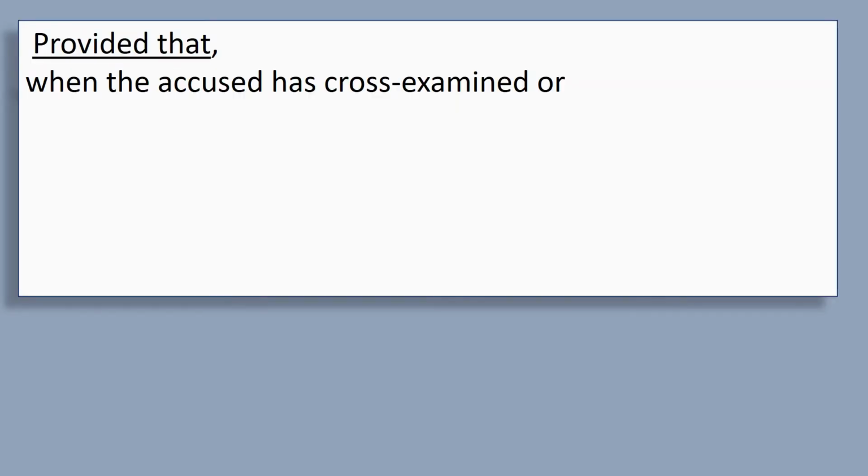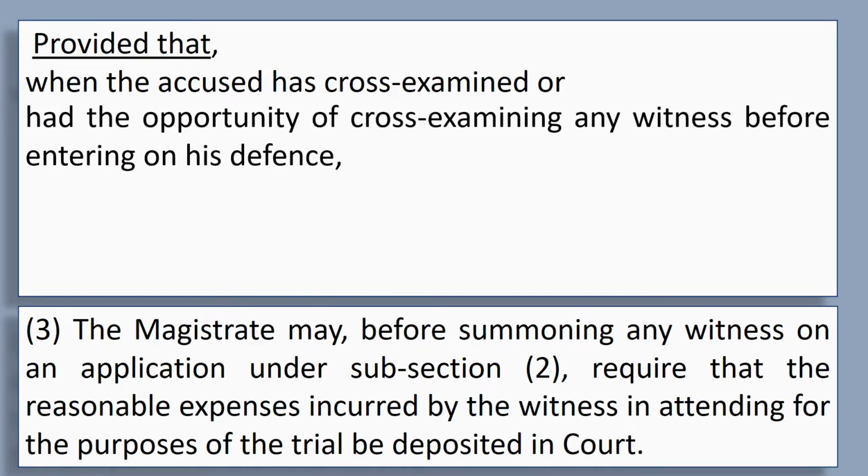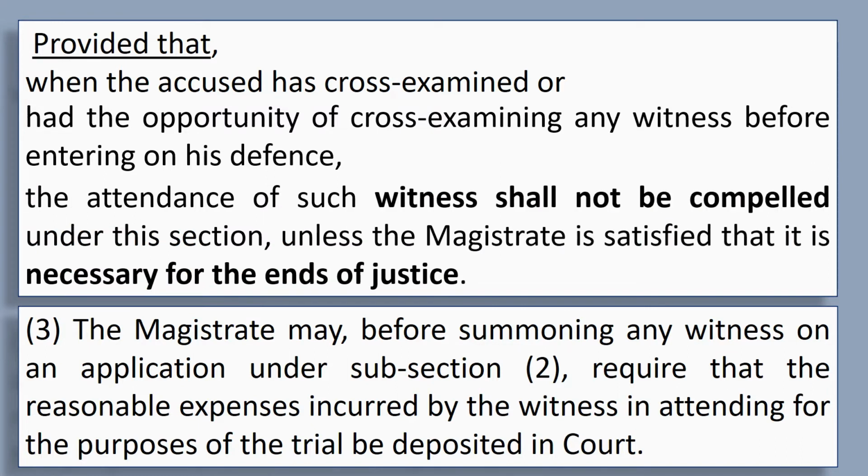Further, there is a condition to this section. It says, provided that when the accused person has cross-examined or had an opportunity of cross-examining any witness before entering on his defense, the attendance of such witness shall not be compelled under this section unless the magistrate is satisfied that it is necessary for the ends of justice.